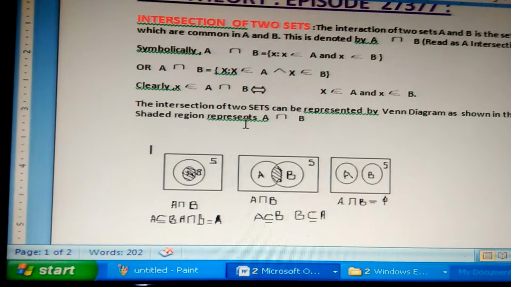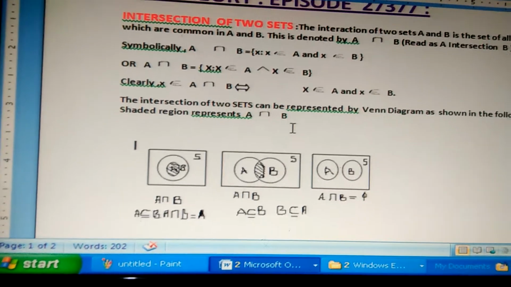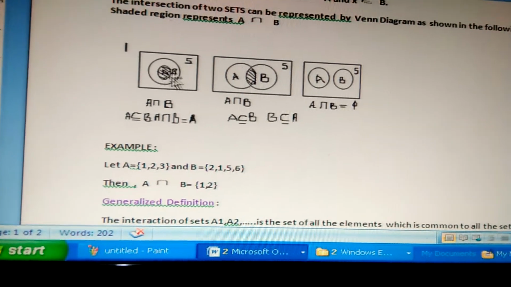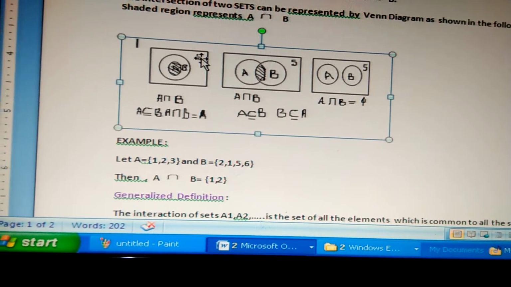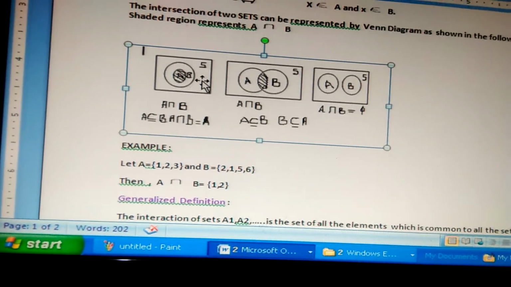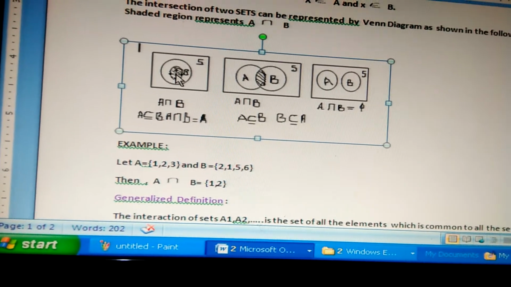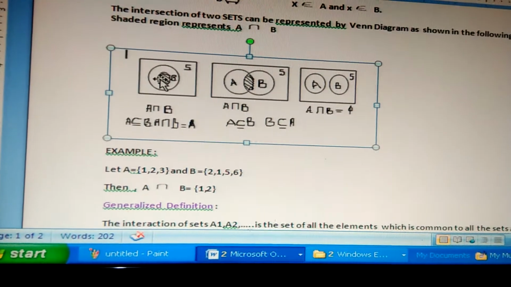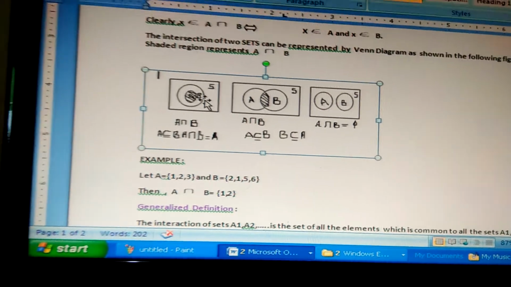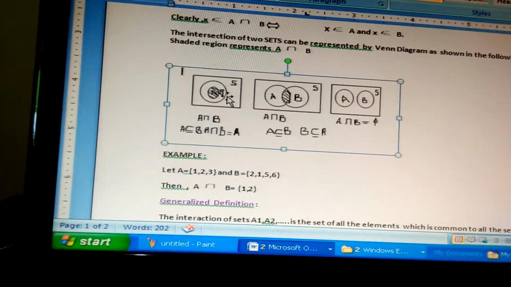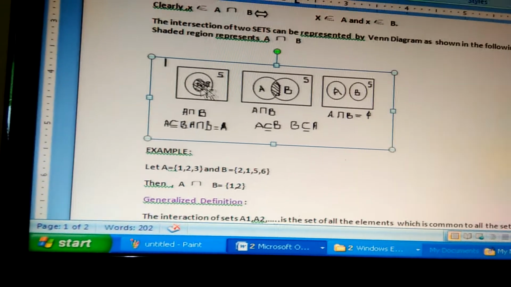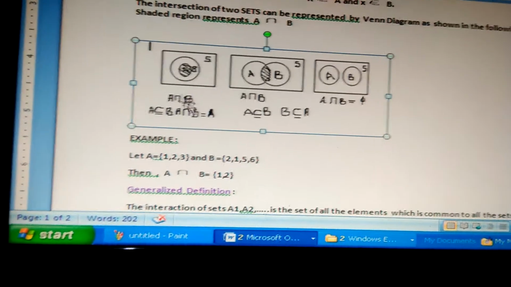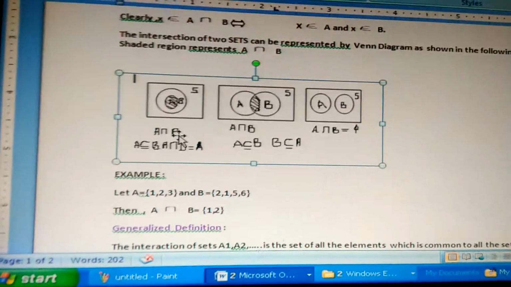The shaded region represents A intersection B. Here in the Venn diagram, this is the universal set S. This is A and this is B. All the elements which are common belong to both A and B, so we can write this as A intersection B.